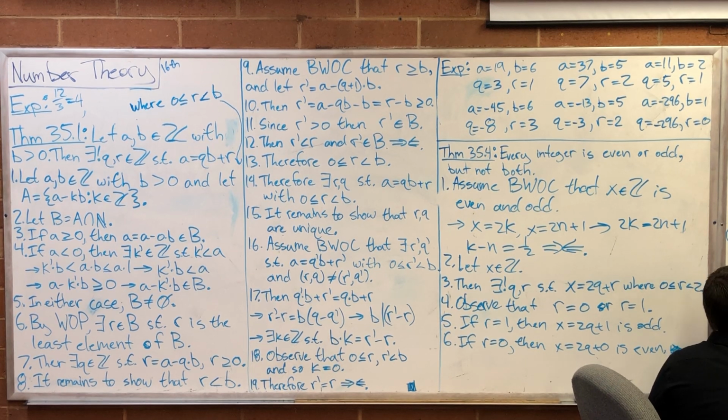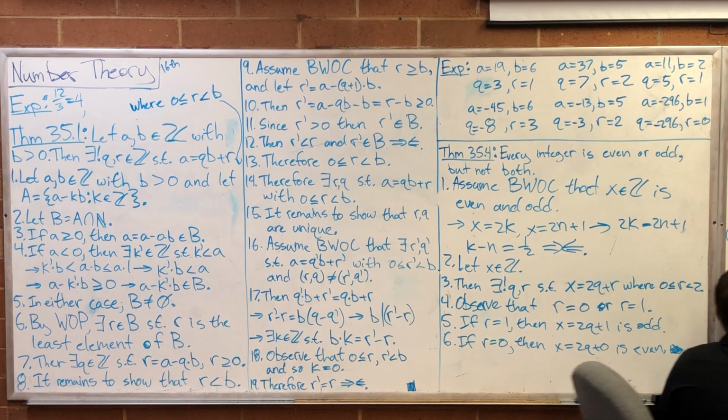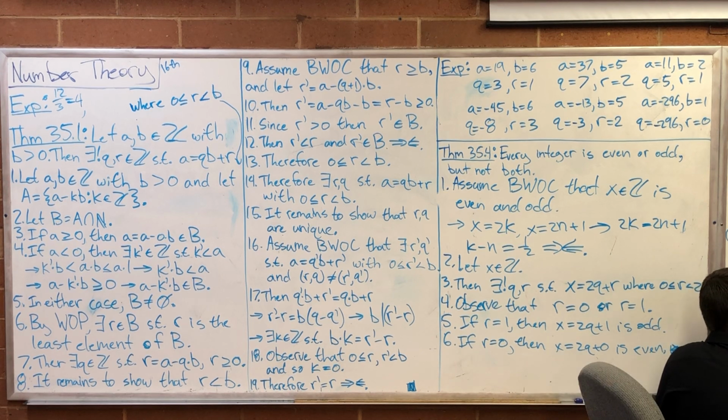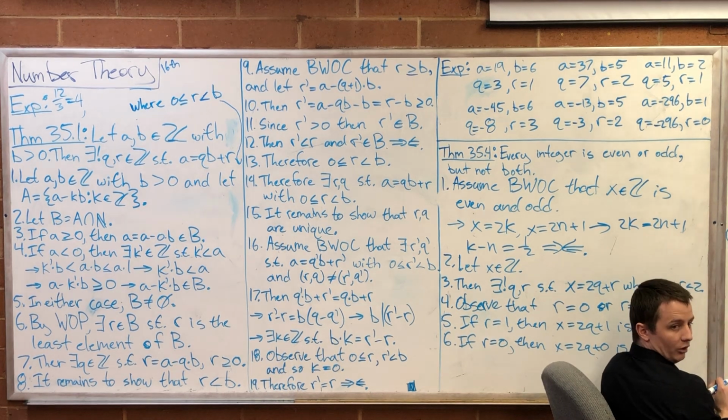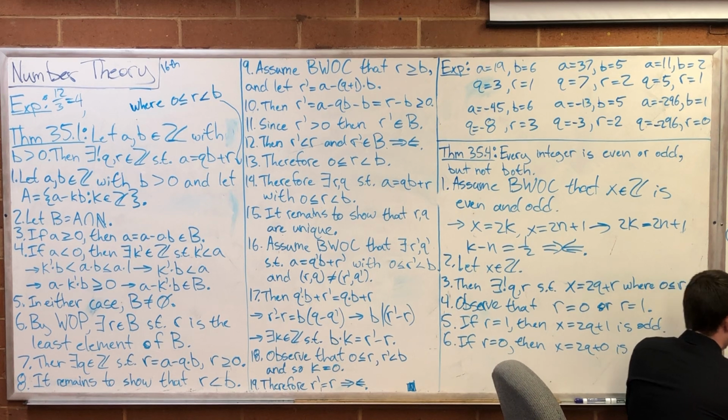If A, B odd, then we can write A is equal to 2K plus 1, and B is equal to 2N plus 1, which gives us A minus B is equal to 2K plus 1 minus 2N minus 1, because you distribute the minus through all of B. The ones cancel out, so that's the same thing as 2 times K minus N, which gives us that A is congruent to B mod 2.